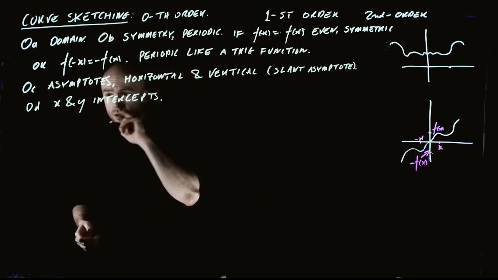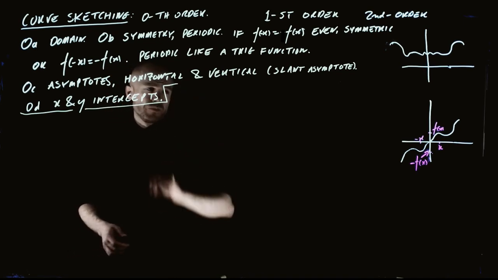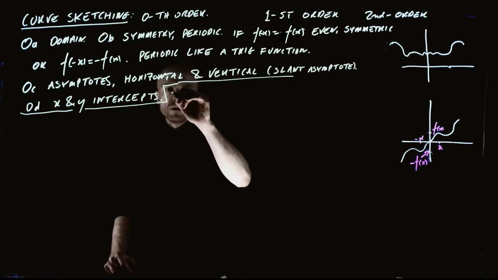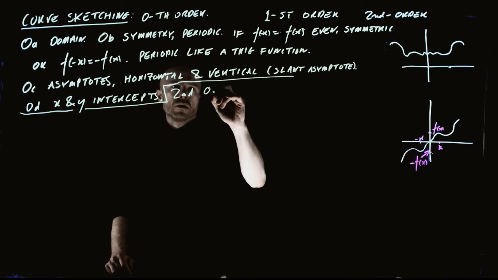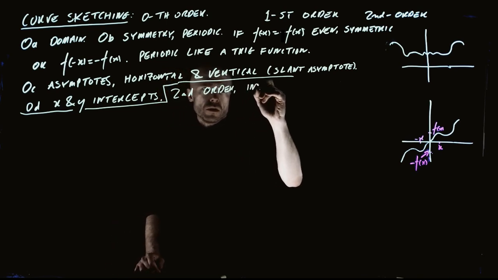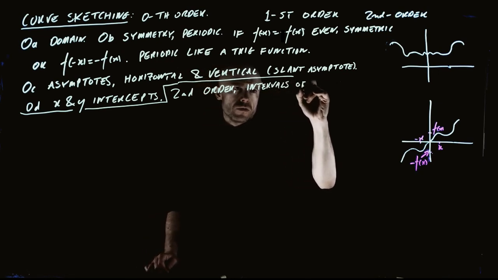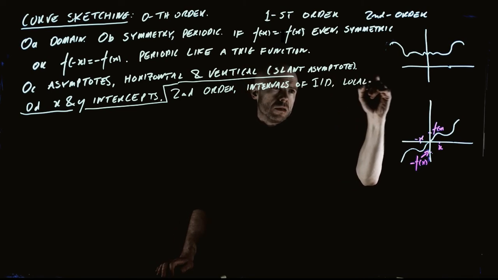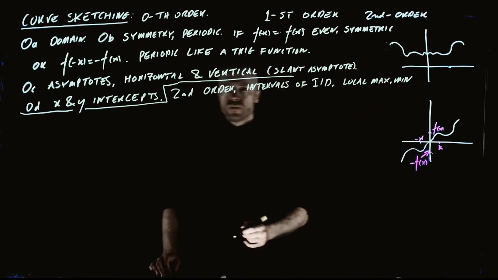And after we do the zeroth order, there's the first order, which is just as we've done before. Intervals of increase or decrease, local max and min. Okay.